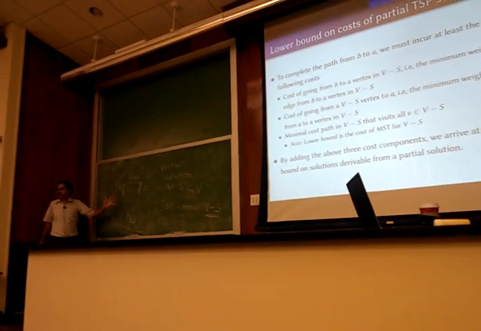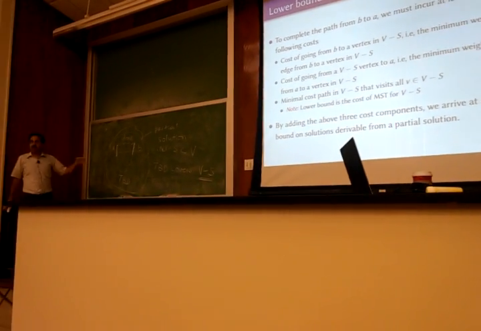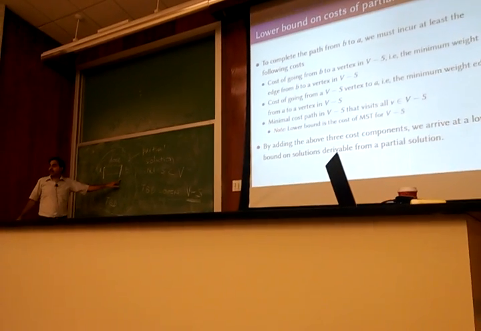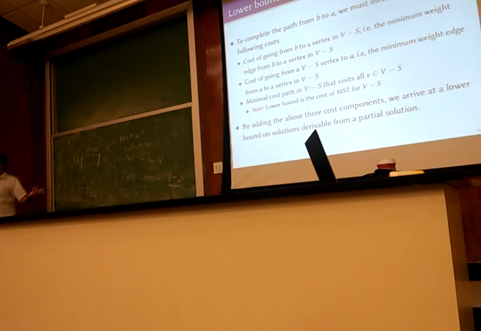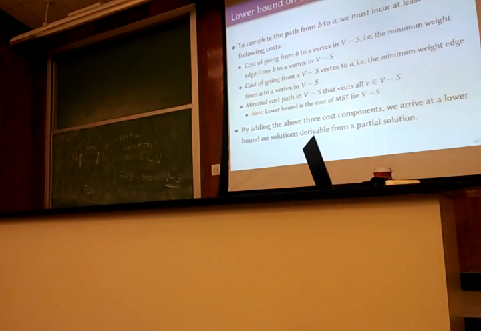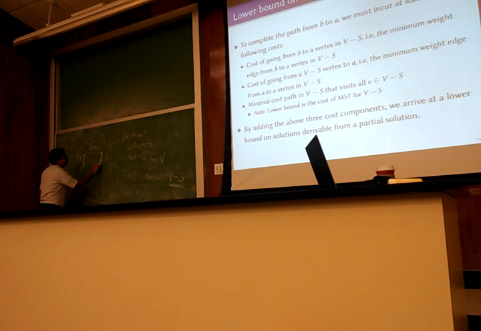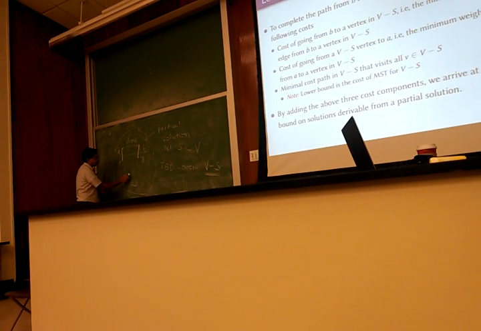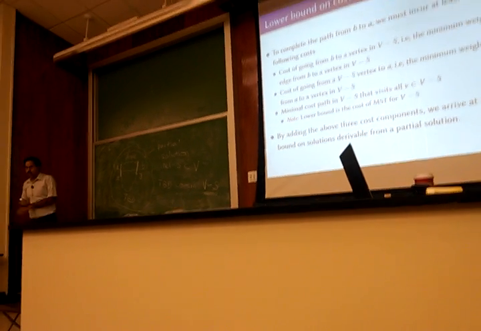So obviously you have to use some edge, and the lowest cost edge should give you a lower bound. Same way, you look at all the edges from B that go into this part. And once again, you pick the minimum cost, and that's going to give you a lower bound. Now let's say this is X, and let's say this is Y. We need to figure out what is the lower bound on going from X to Y. Okay?